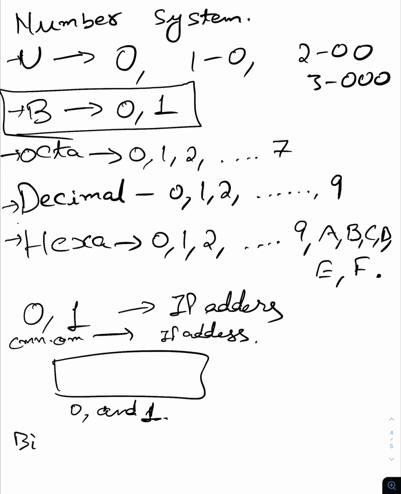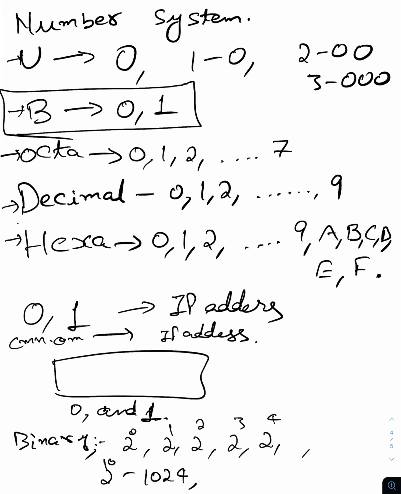You should know 2 power 0, 2 power 1, 2 power 2, 2 power 3, the values of all these numbers, 2 power 10, which is 1024, mega is 2 power 20, giga 2 power 30, and tera 2 power 40.